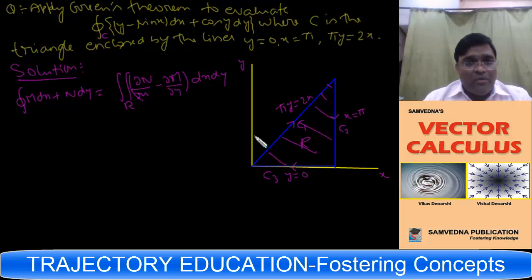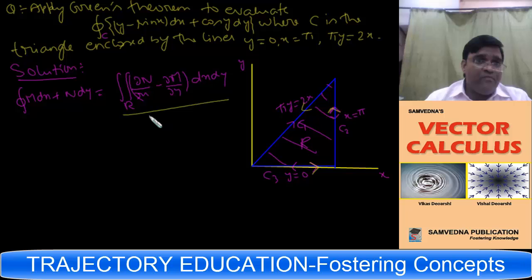So right now I am calculating the line integral using Green's theorem. I will first calculate the line integral along this orientation, using the double integral, because if I move along this direction, the whole region of integration R lies on the left. I'll repeat it once again.